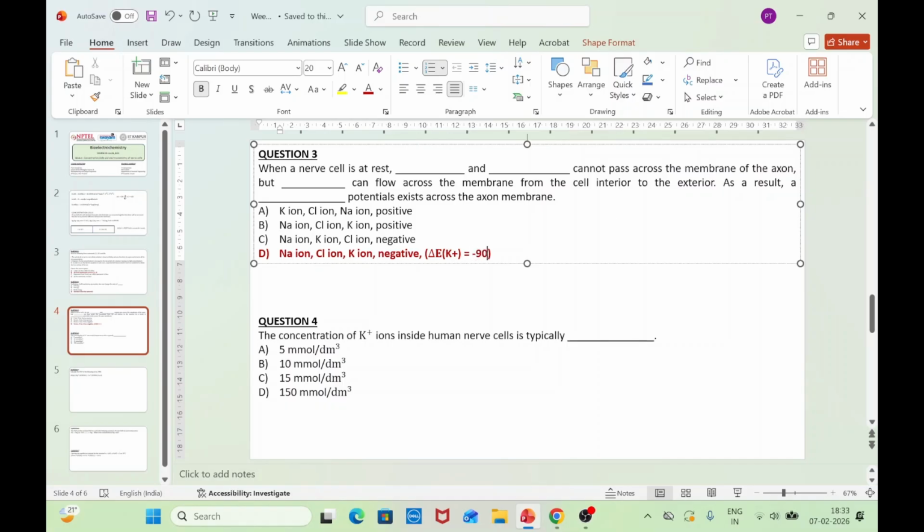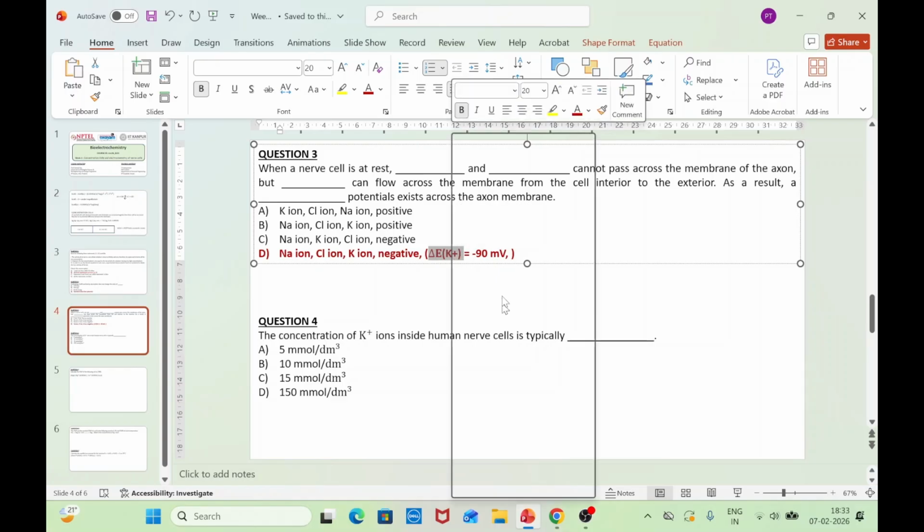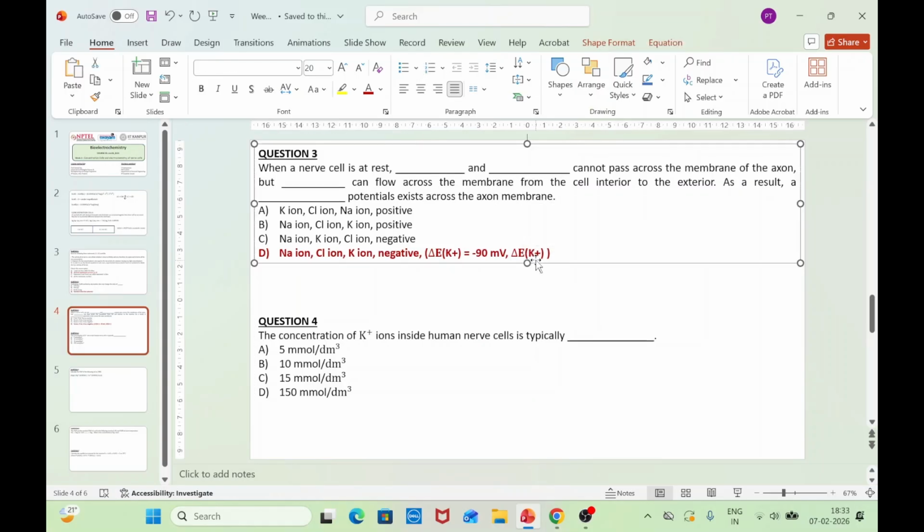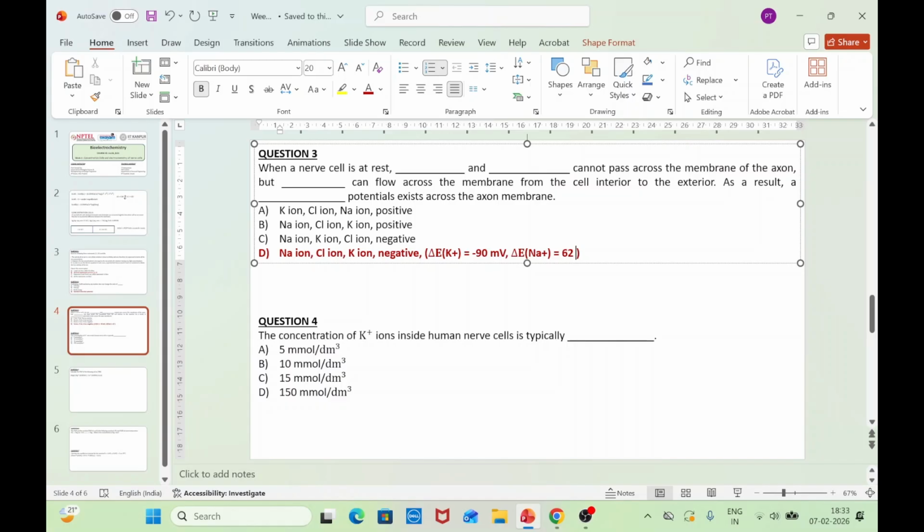Minus 90 millivolt. And in case of delta E Na plus, what will be the value? Assume that the nerve cell is not at rest, then what will be the delta E Na plus? It's going to be plus 62 millivolt.